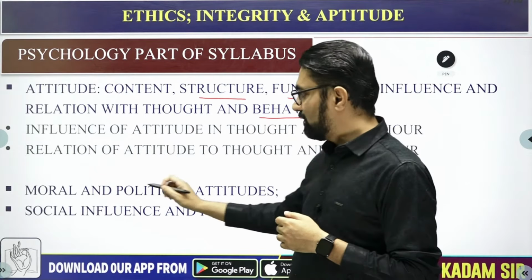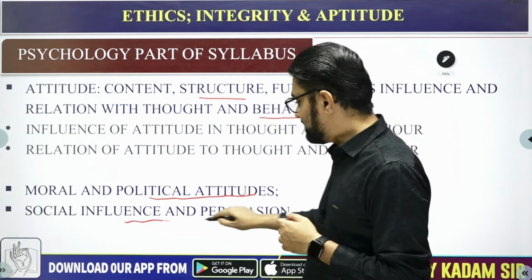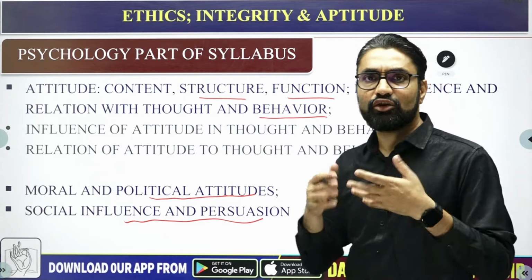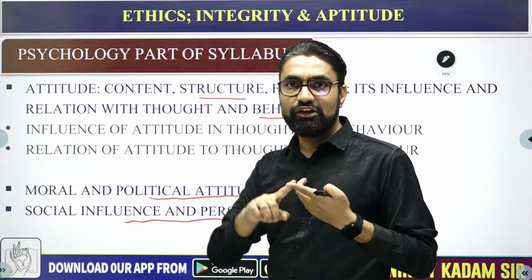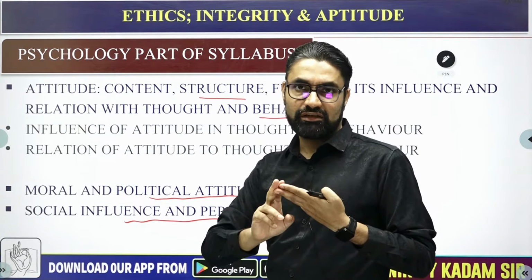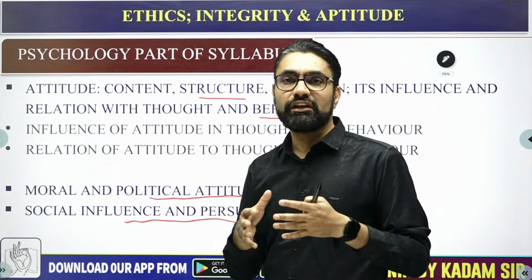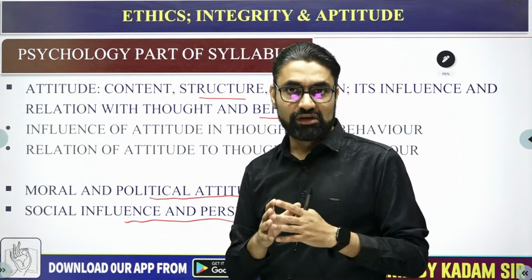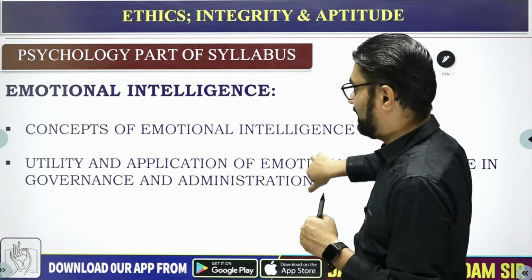Then they have also given the topic of moral and political attitudes, and then social influence and persuasive communication, along with the topic of emotional intelligence. So these four major topics: values, attitude, emotional intelligence, and social influence and persuasive communication. We will be studying these for at least 25 hours, in which we will discuss all these topics in extreme detail.